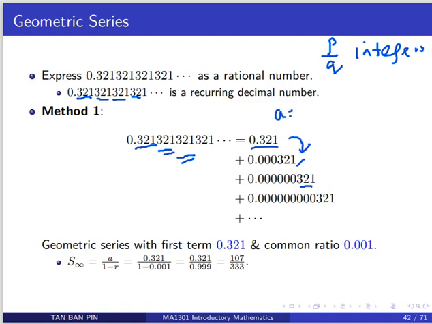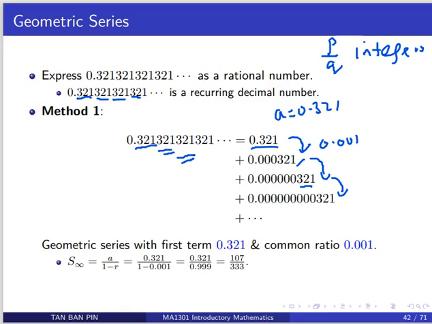The first term is 0.321, and the common ratio is 0.001. You keep multiplying by 0.001 to get the next term. And a recurring decimal is never ending, so it's an infinite decimal.